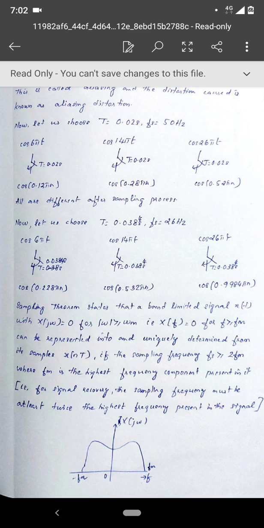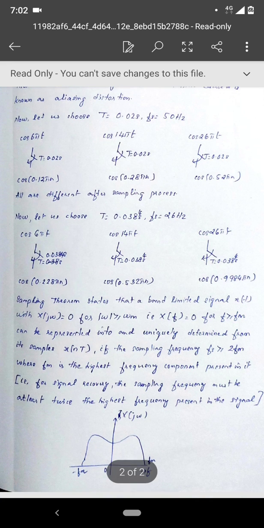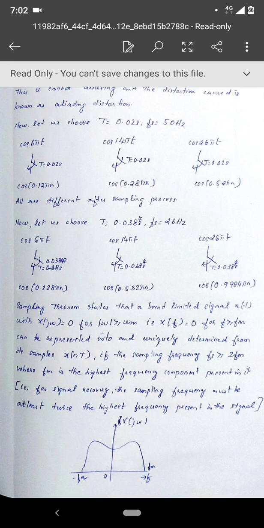Okay, so that is the boundary. Whenever you choose the sampling rate, first find the highest frequency component in the composite signal.